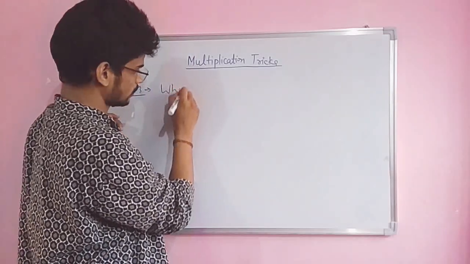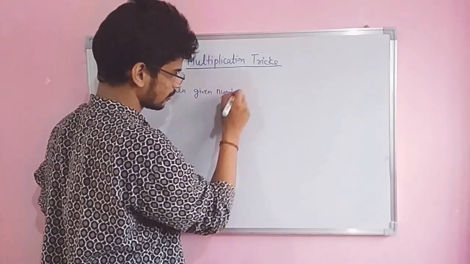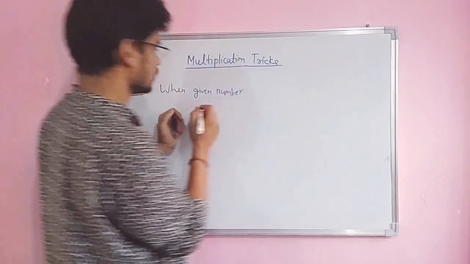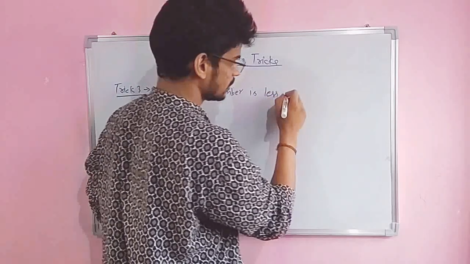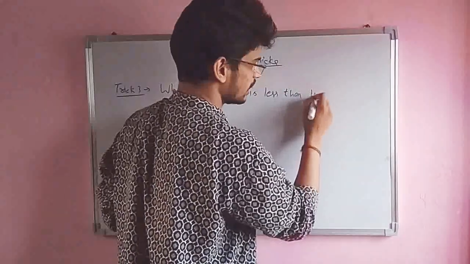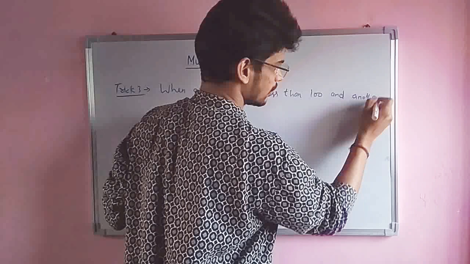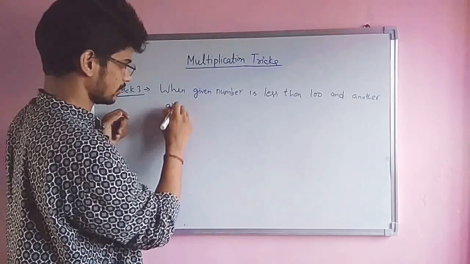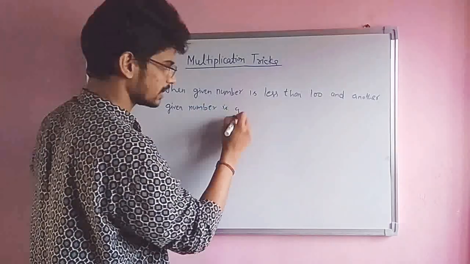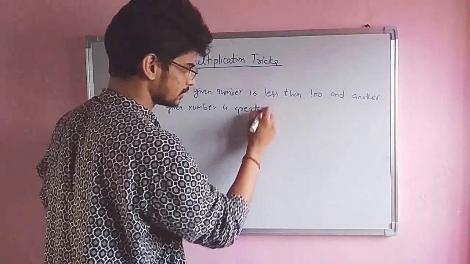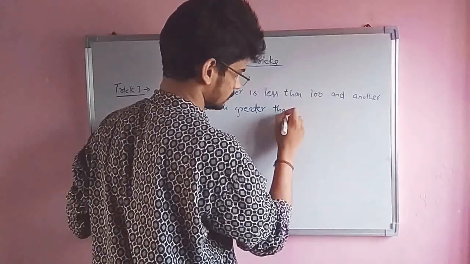When a given number is less than 100 and another given number is greater than 100.